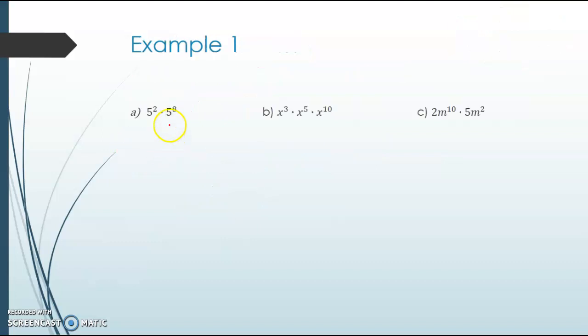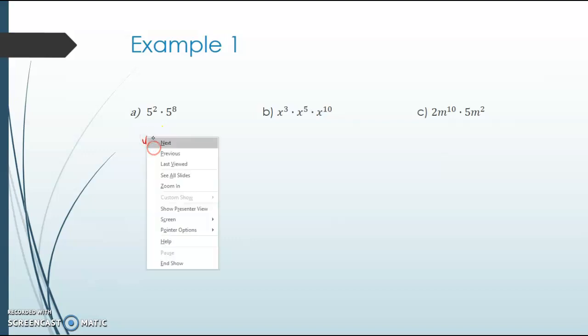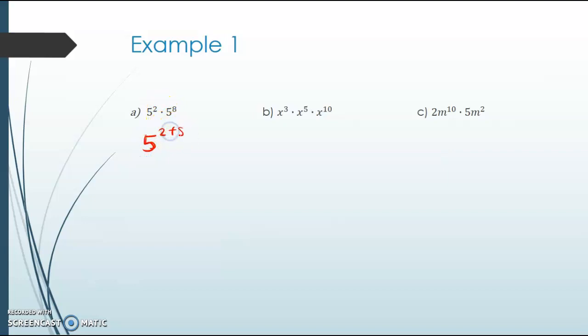So let's go through some examples. Problems like this example A get students, because we see this as 5 squared times 5 to the 8th, and we want to take the 5 times the 5. Hold out and resist that urge to take 5 times 5. The base stays. So I'm going to keep the base of 5, and I'm just going to take 2 plus 8.